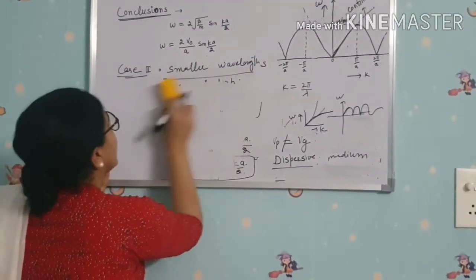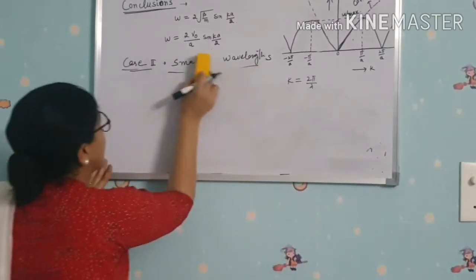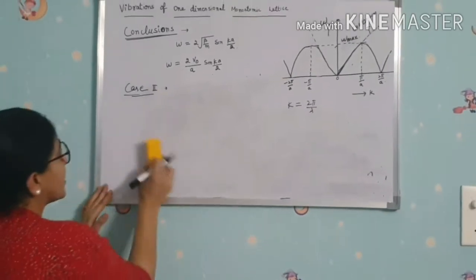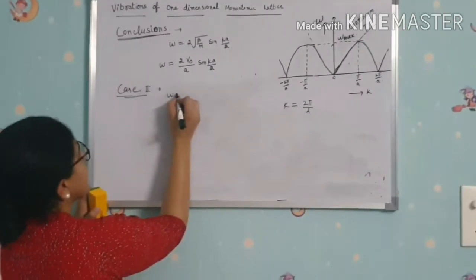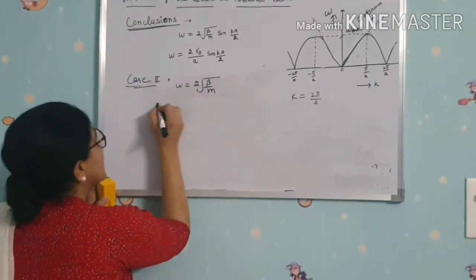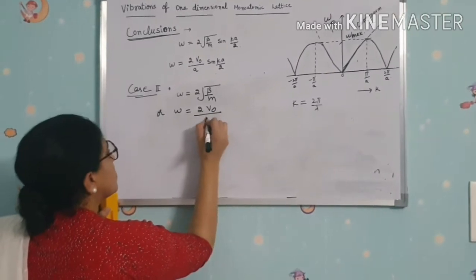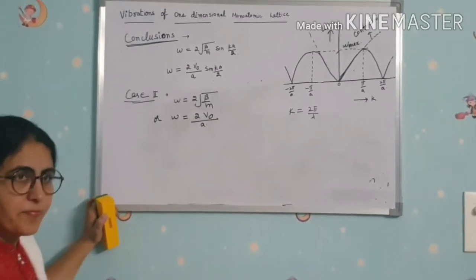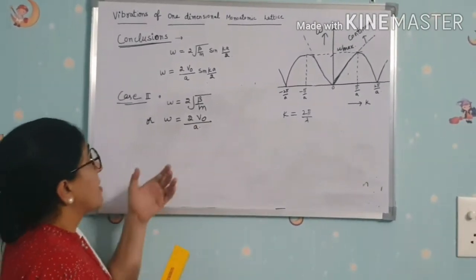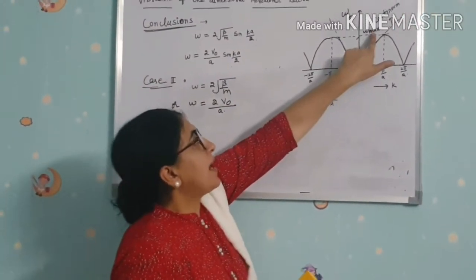Now we come to the third case. Third case, when omega is equal to 2 under root beta by m, or we can say omega is 2 V naught over a. When the value of omega is maximum, I write here omega maximum.